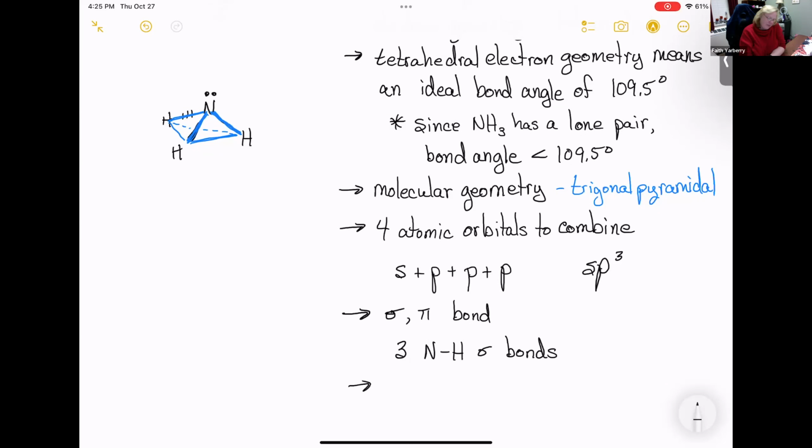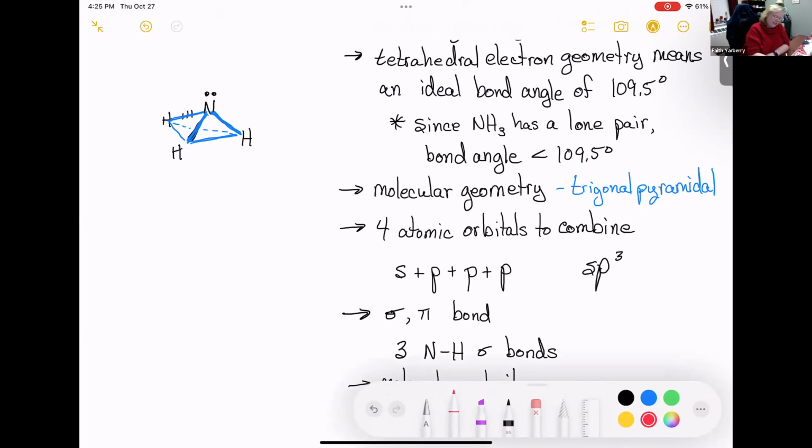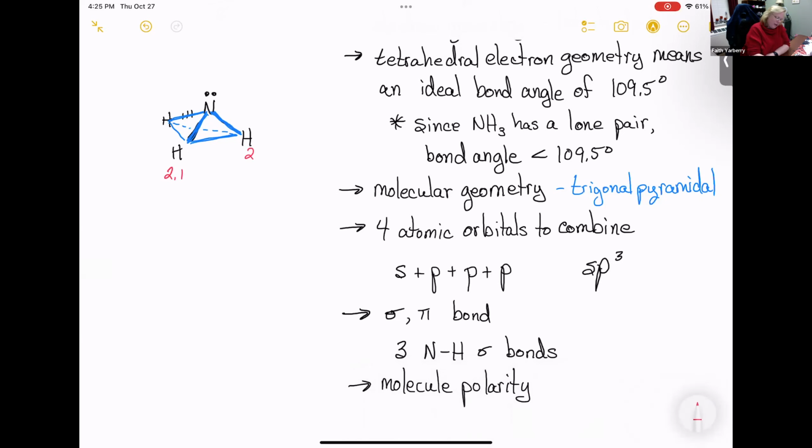And lastly, for the molecule's polarity, if you look at the table of electronegativities, hydrogen is 2.1, nitrogen is 3.0.